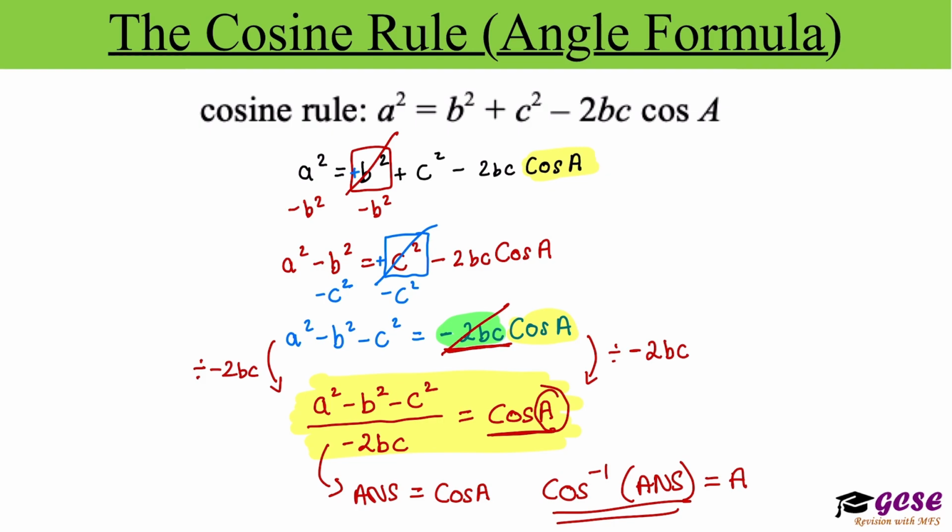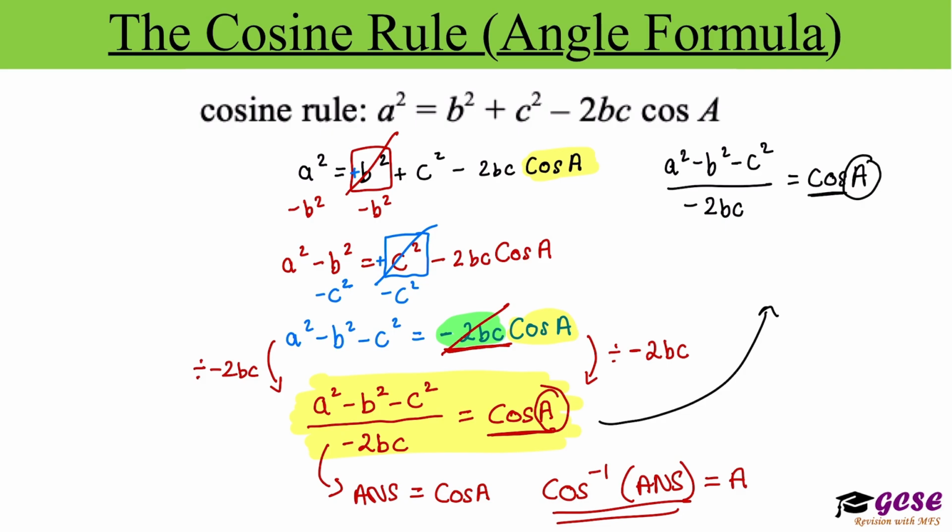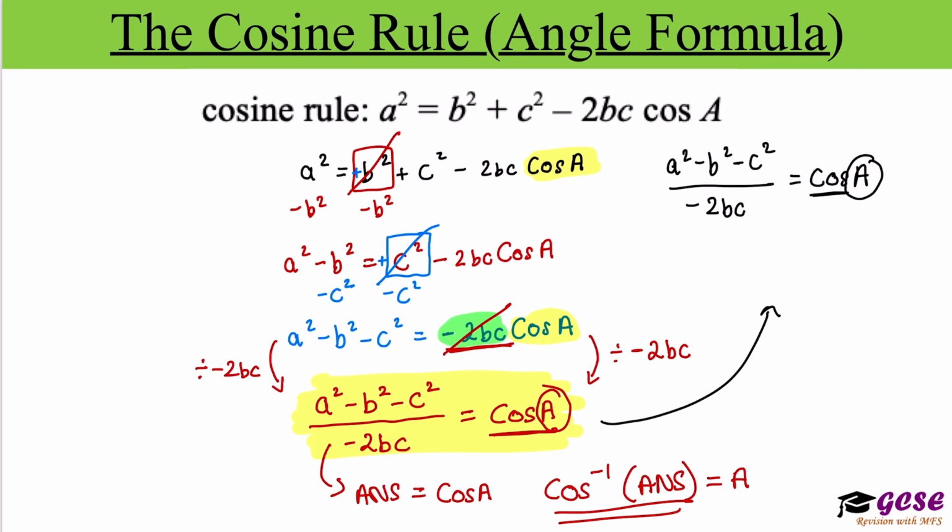If you didn't quite understand that, I could integrate this into the formula as well. So if we take this formula up here, so we had a squared minus b squared minus c squared over minus 2bc, and that was equal to cos A. In order to get rid of this cos, because our aim is to just have A on one side, because A is the angle, so to get rid of cos, we need to inverse cos it.